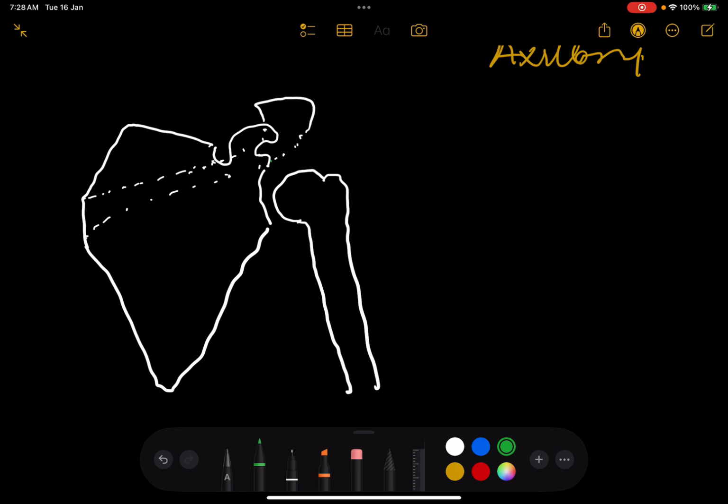Then we'll place the tendon of the biceps, from the supraglenoid tubercle and the coracoid. So this will become the biceps tendon, coracoid process.